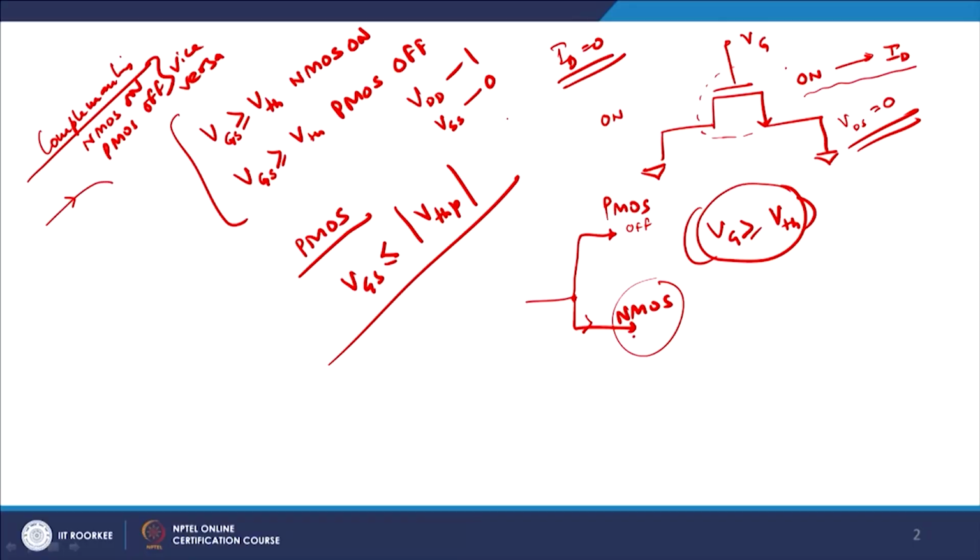Once you have fabricated your PMOS and NMOS and attached them as a CMOS inverter using a twin tub process, your logic is basically ratioless logic, which means I do not have to change the W by L of my PMOS or NMOS in order to have different sets of behavior. So, for the same behavior as a switch, the same W by L which you used earlier, you can use it and it gives you a very good result here.